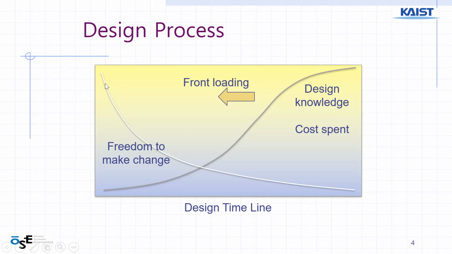At the beginning, you can change even the subject, the title, the team, the schedule, anything. So there is so much freedom to make changes. But toward the end of the timeline, you cannot change. It is very difficult, or very expensive, to change.